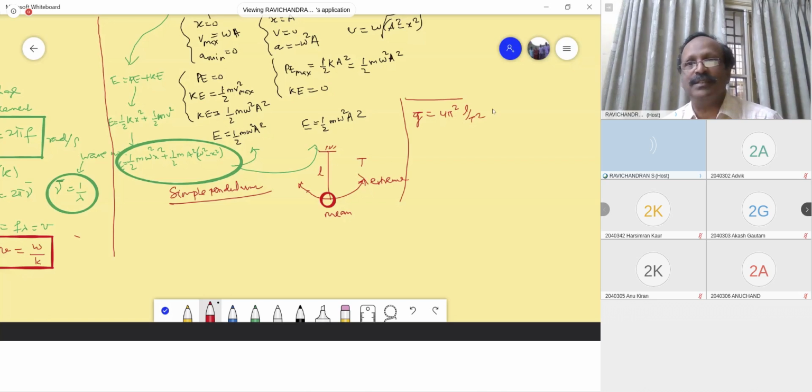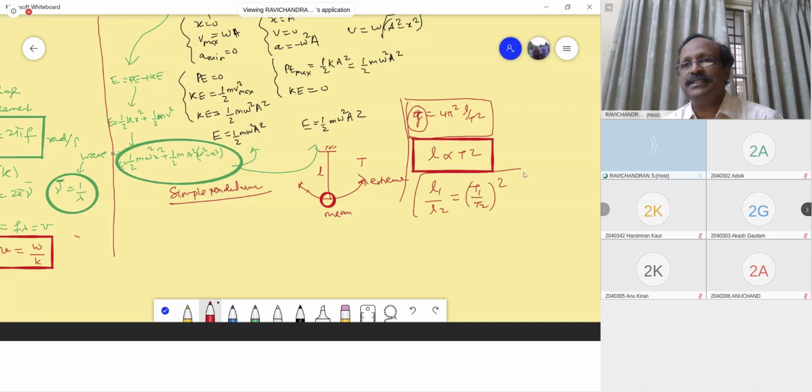You know this equation. G is constant on the surface of the Earth. Therefore, you know that L is proportional to T square. So if there are two lengths, L1 by L2 is equal to T1 by T2, the whole square. All these things you must have for these exams.